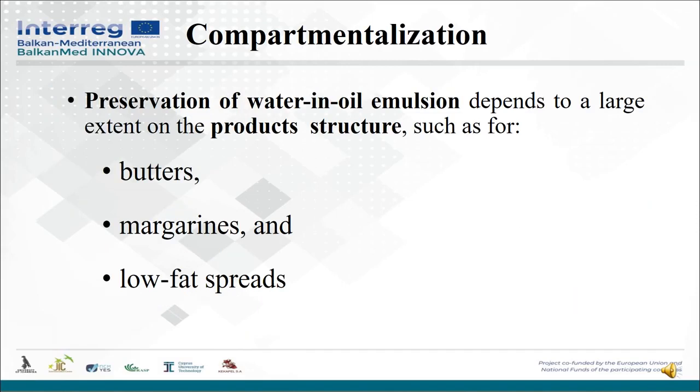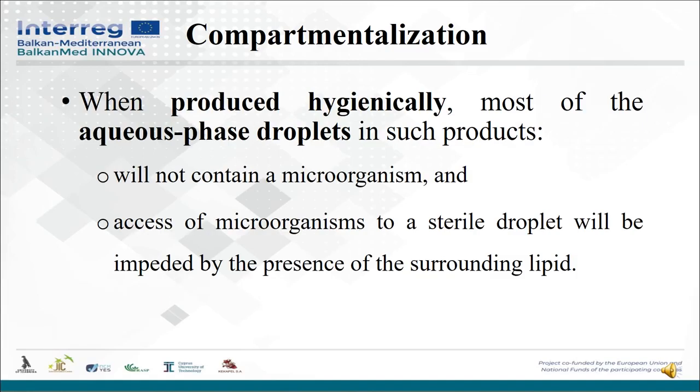Related to the compartmentalization hurdle, it can be said that the preservation of water-in-oil emulsions depends to a large extent on the product structures, as for butters, margarines, and low-fat spreads. When produced hygienically, most of the aqueous phase droplets in such products will not contain a microorganism, and access of microorganisms to a sterile droplet will be impeded by the presence of the surrounding lipid.